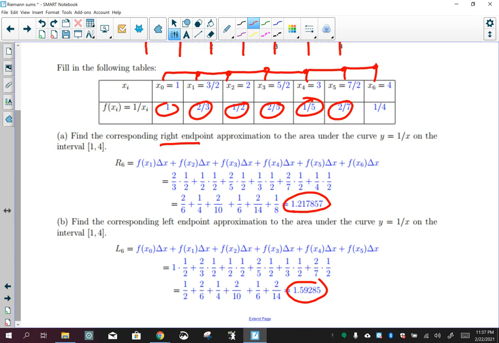And so if you want to write an interval notation form, 3 decimal places is where you round to.